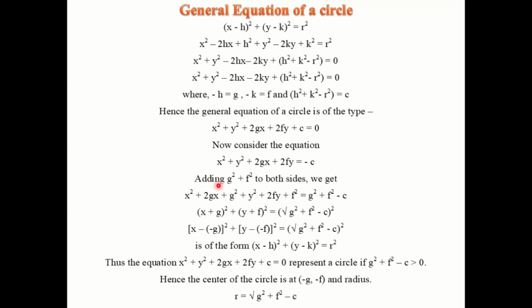Now we are going to add g square plus f square to both sides. Then we will get x square plus 2gx plus g square plus y square plus 2fy plus f square is equal to g square plus f square minus c.